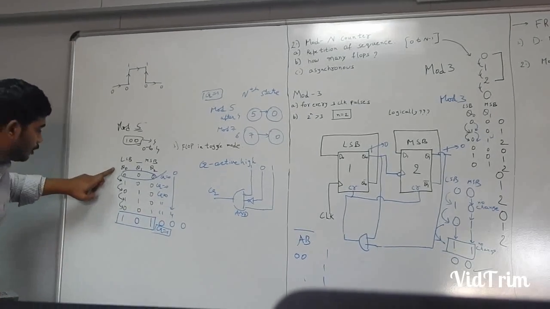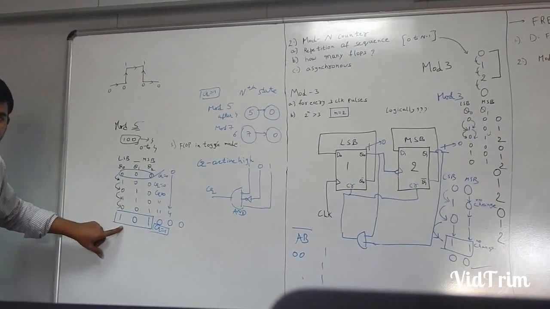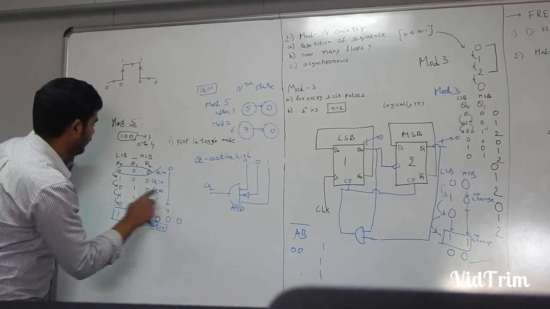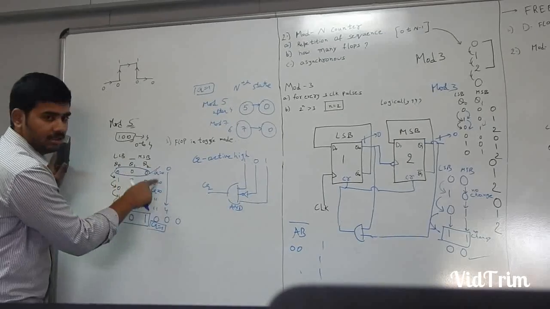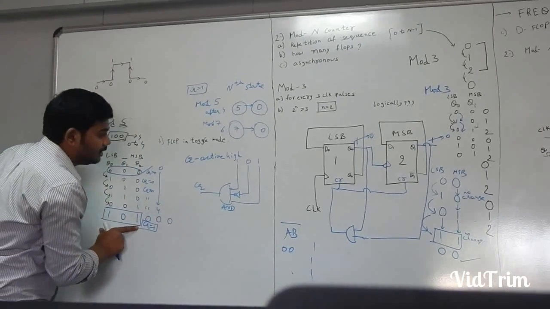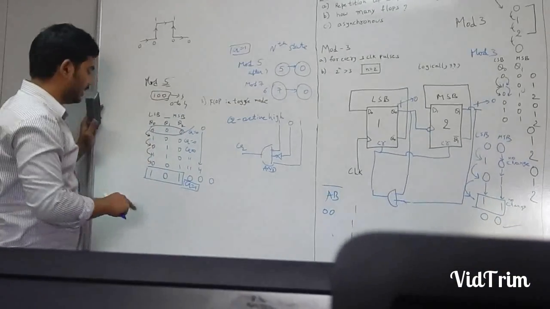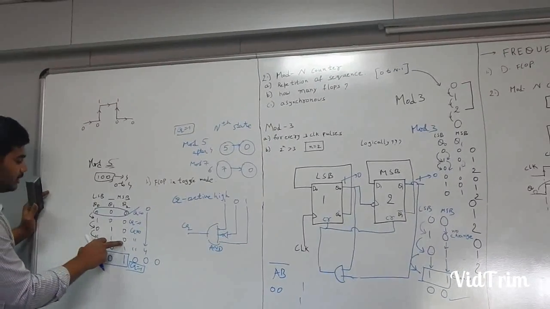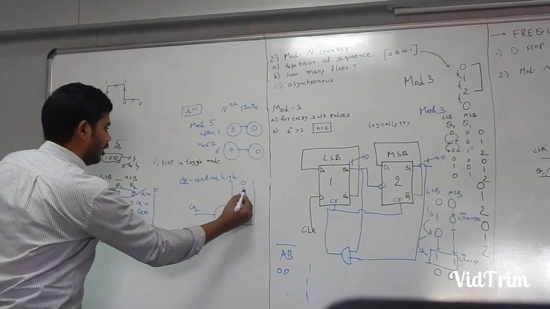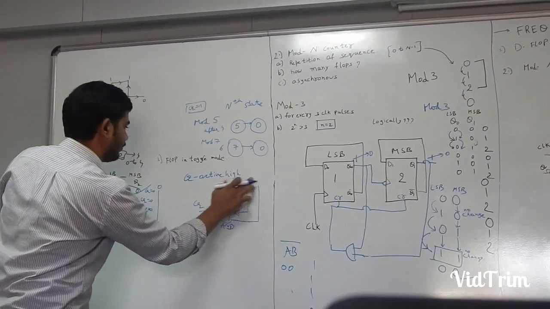And it should satisfy for all states also. It should not only satisfy for this one. Let us take this example only. If we send any of the above combinations, clear should be 0, but only for this combination, if I send it, clear should be 1. That's okay. Let us suppose we take this combination, MSB 1 1 0.